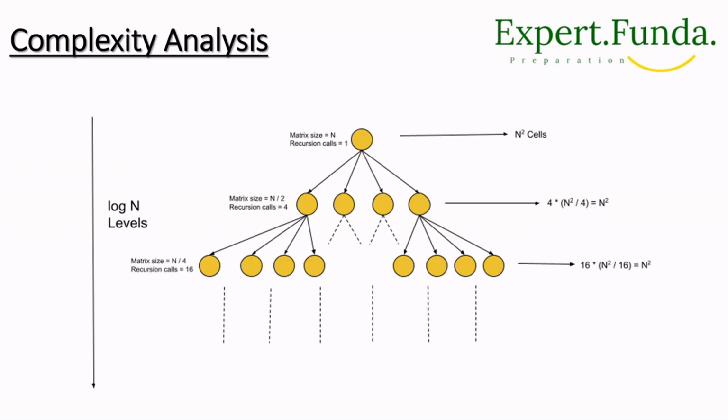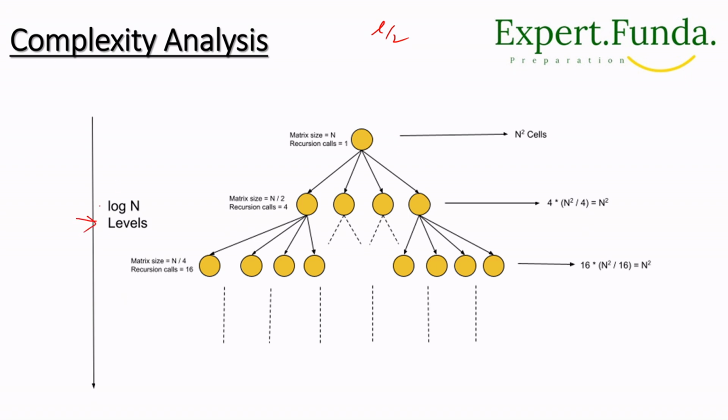If we talk about the complexity, after every level of the recursion the original length of the matrix gets reduced to half. We are doing L by 2 each time. So the size of the matrix will reduce down to 1 after log n iterations.